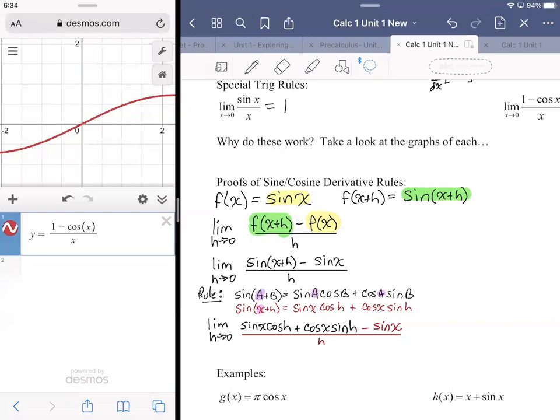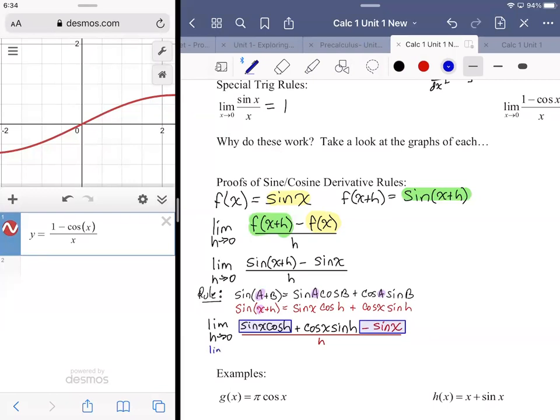So anyway, what we can do is regroup because I see that I have a common sine of x. Let me get the blue going on here. So I have a common sine of x here, and part of this expression or this term. So I'm going to rewrite and split the fraction.